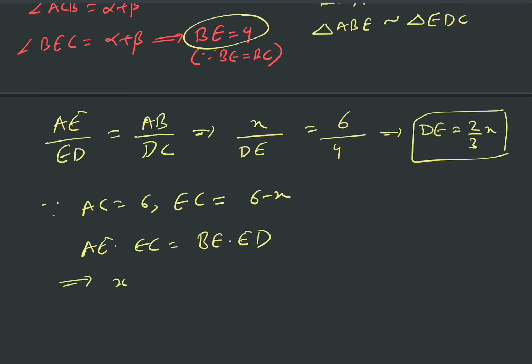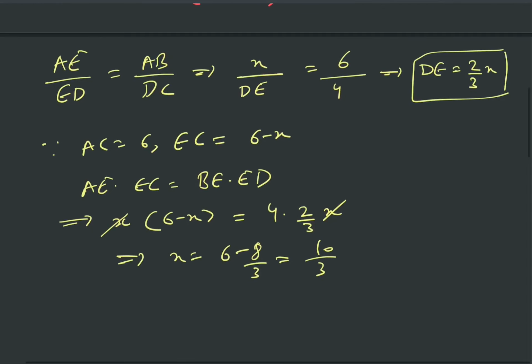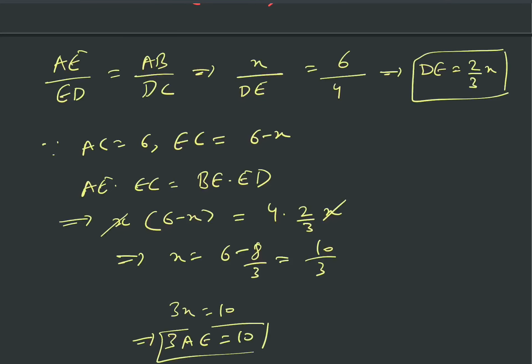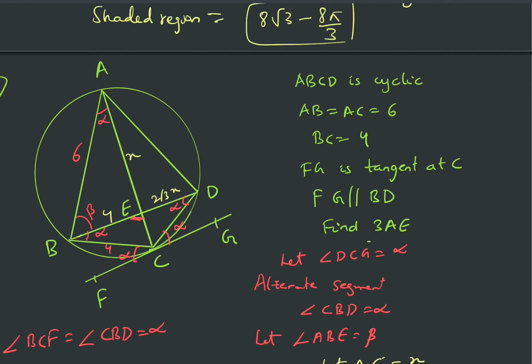So AE is x, EC is 6 minus x, BE is equal to 4, and ED is equal to 2 by 3 times x. So x is nothing but 6 minus 8 over 3, which is 10 over 3. So 3x is 10, that is 3 times AE is nothing but 10. So you were asked to find the value of 3AE, which is equal to 10.